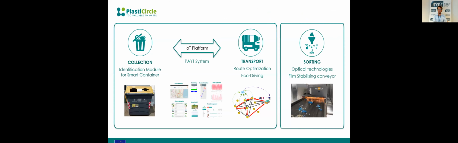This project had a holistic overview in which the first step focused on the development of a smart container, through an identification model for the user, for the citizen, combined with other technologies such as filling level, with the idea to convert usual containers into intelligent containers.